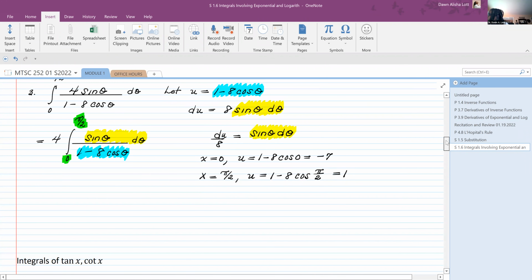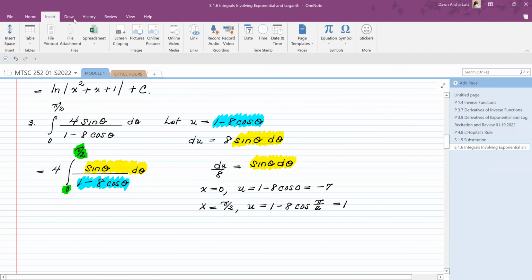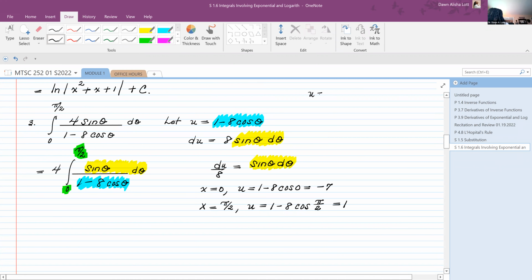Okay, so u, let me write this over here. U is equal to 1 minus 8 cosine of theta, right? So it's du. The derivative of 1 is 0, so I get -8. The derivative of cosine of theta is negative sine theta d theta.